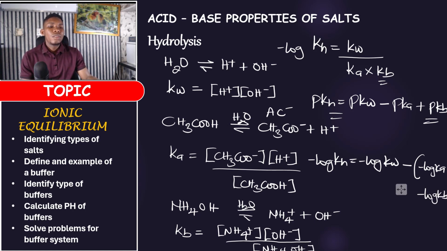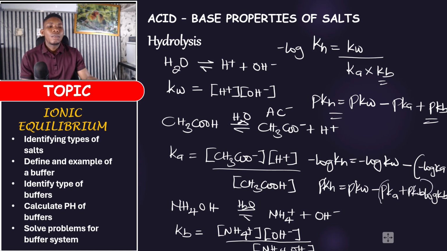All right, so at the end of the day, when you do your mathematics, minus log Kh is pKh. Minus log Kw is pKw. Is that okay? Then minus log Ka is going to give us pKa. Are you getting it? The next one, minus log Kb, is going to give us what? pKb.